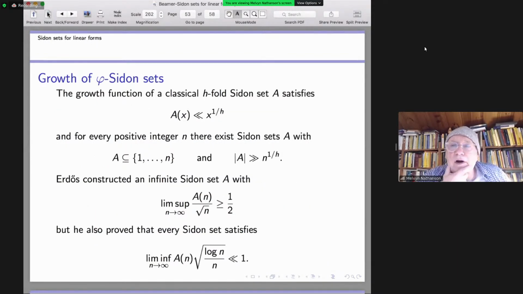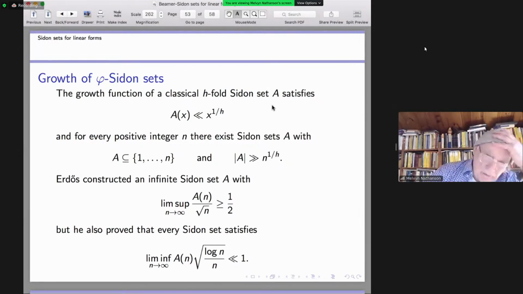The second remark has to do with the growth of these phi Sidon sets. So for the classical Sidon sets for the integers, you have a set of integers where a number is a sum of h elements of the set in essentially a unique way.